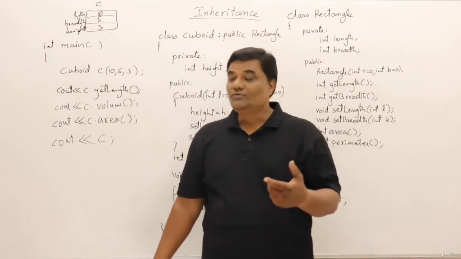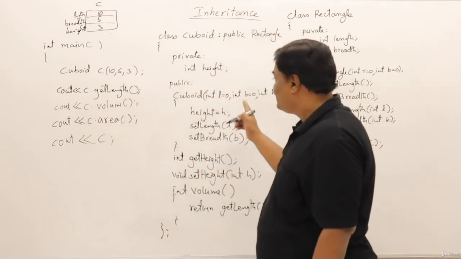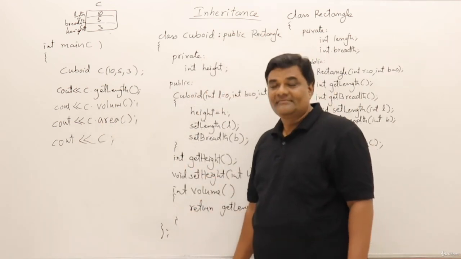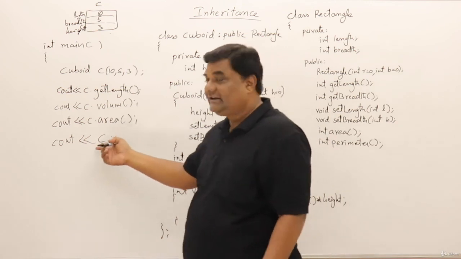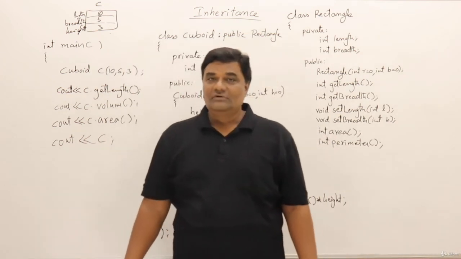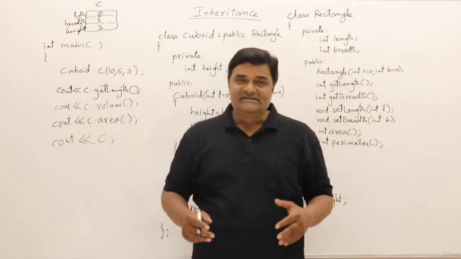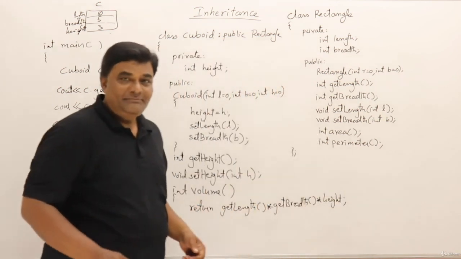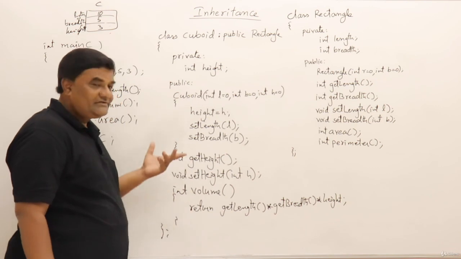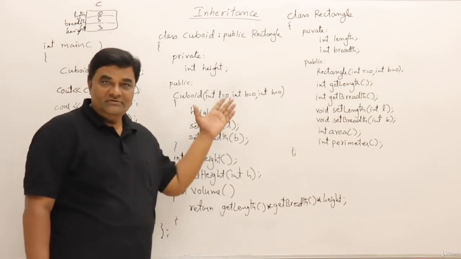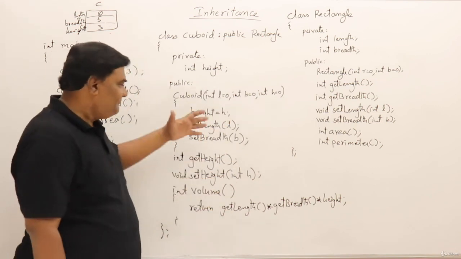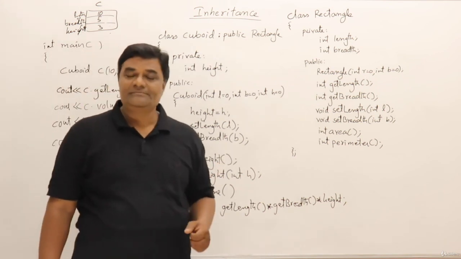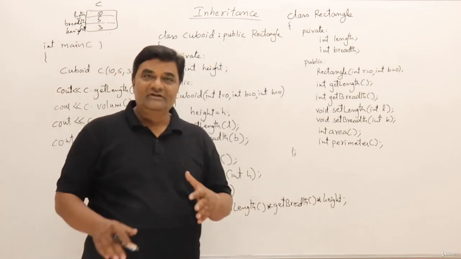Then I have to overload that operator inside this cuboid class. Right? So already we have learned what operator overloading is. So that's it. I'll show you this one practically, write a program and show you, and if possible I will add more methods on this one, right? So inside the cuboid class we will implement all these methods and I will show you. So this is one of the examples of inheritance.